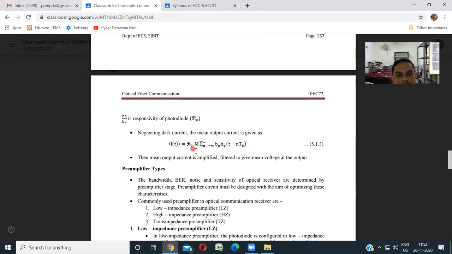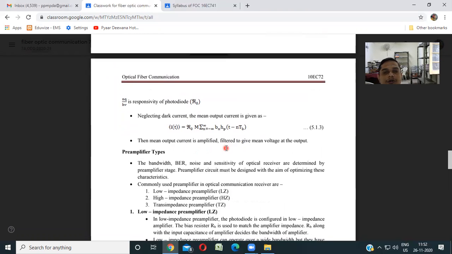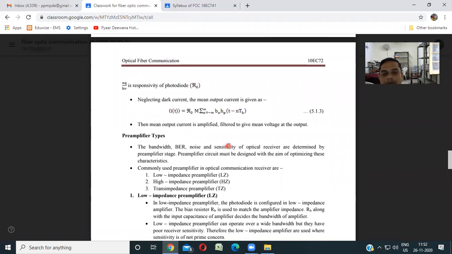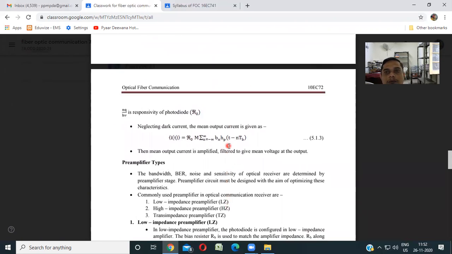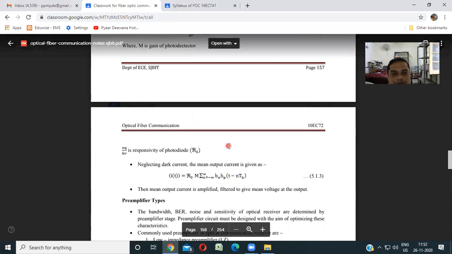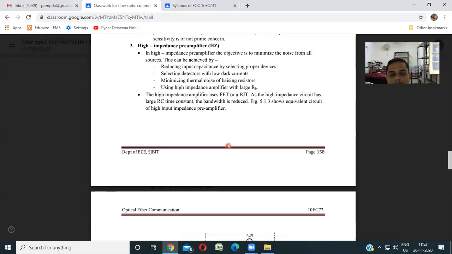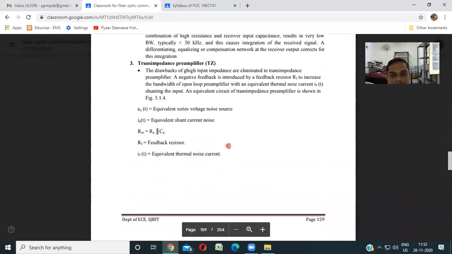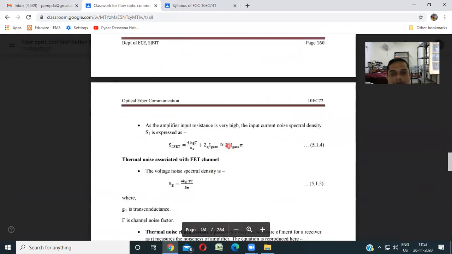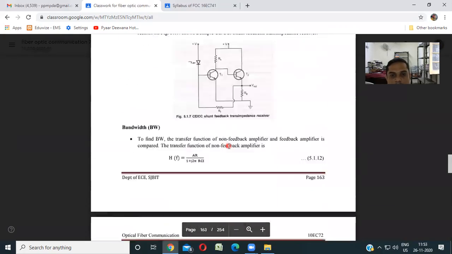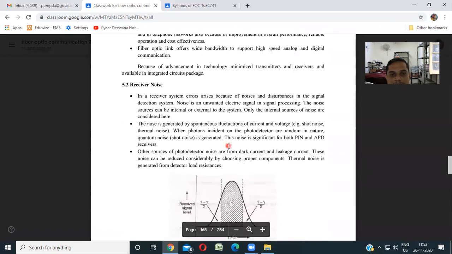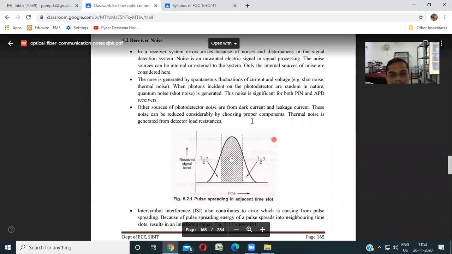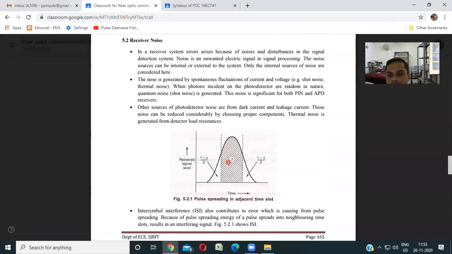Different equations we have seen for shot noise, thermal noise, what the ISI effect is, and intermodal dispersion. So let us stop here, and in the next class let us solve some more problems regarding the optical receivers.